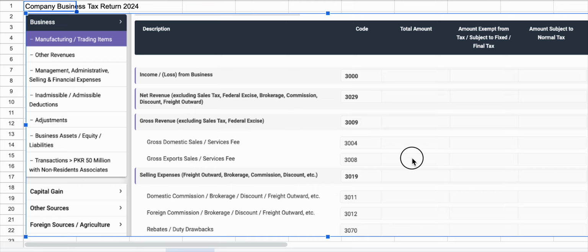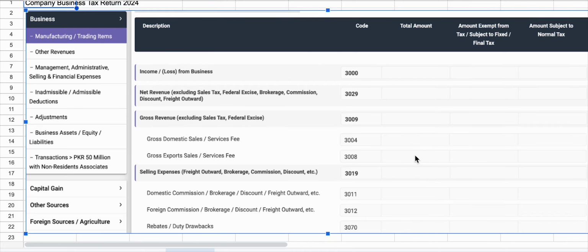So that amount will come here. IRIS will add the amounts in these two fields, 3304 and 3308, and the total will come here as gross revenue. And again, you have to make sure that sales tax or federal excise is not included in these amounts.